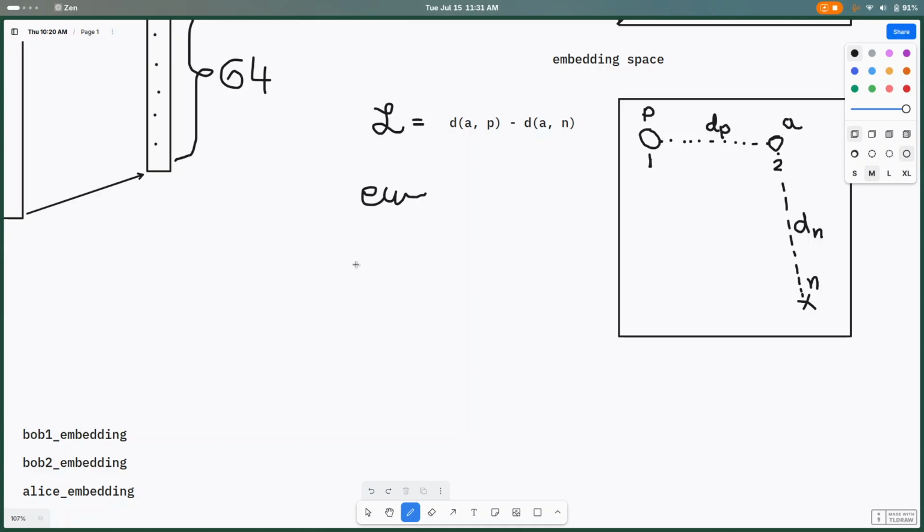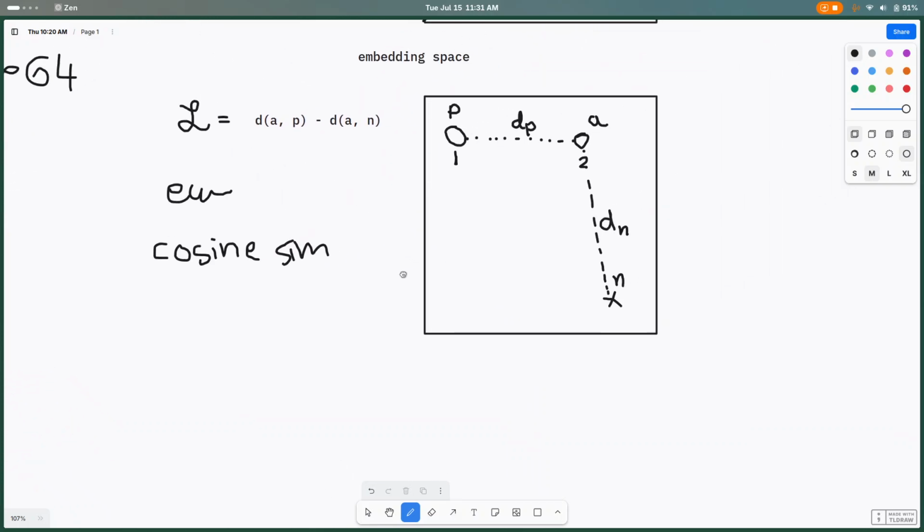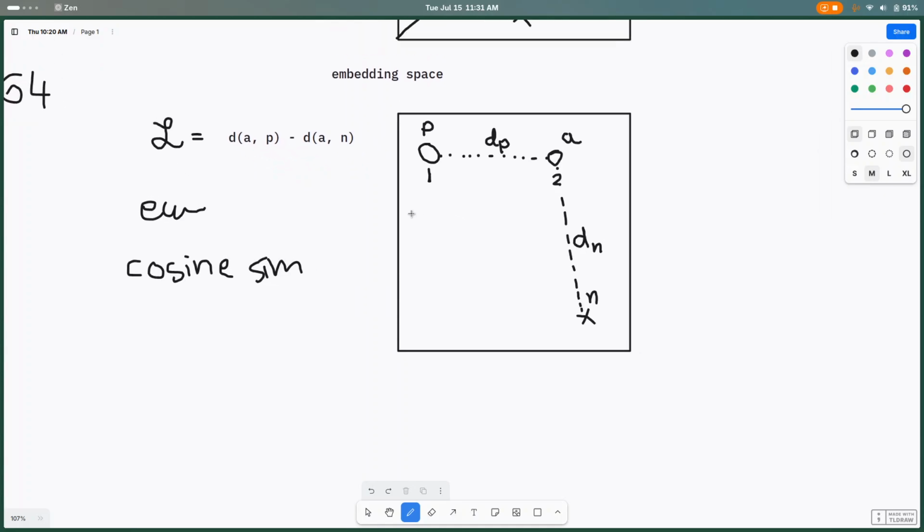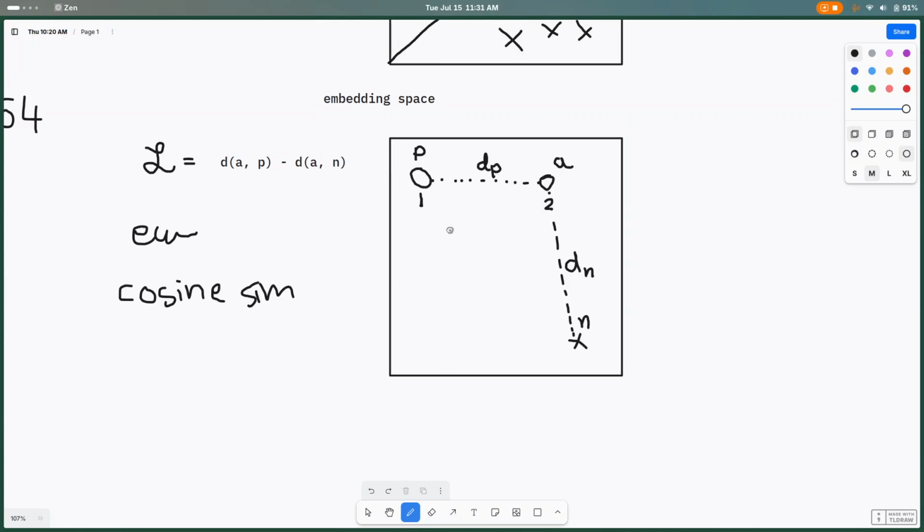And we have another way of calculating sort of a distance, which is to use cosine similarity. Which is not really ideal for this scenario, but it is used in other areas, like most likely language processing, for embedding a bunch of words.